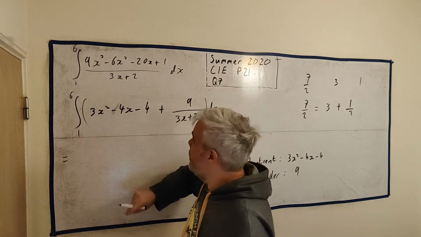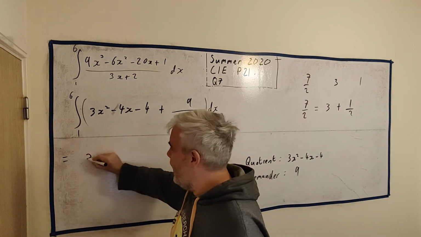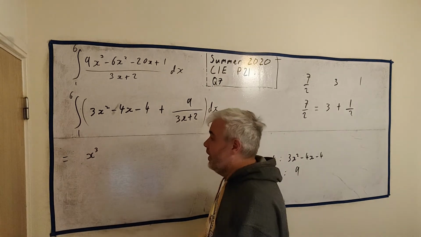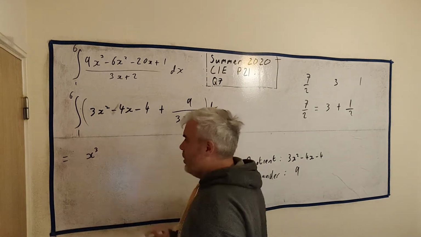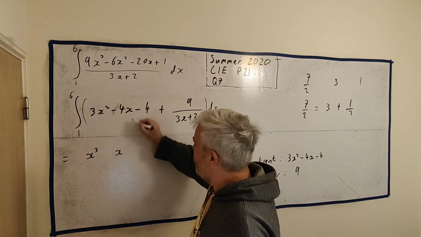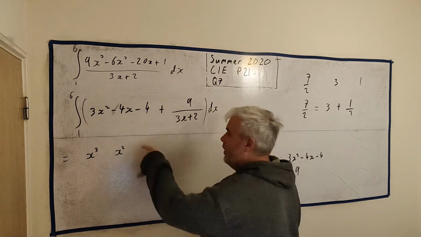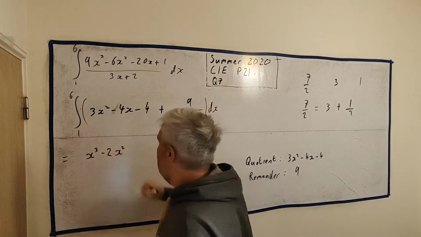3x squared, the integral of, I always start with x squared. X squared becomes x cubed. This number we divide by, so 3 divided by 3 becomes 1. Next one, we have x and it becomes x to the power of 2. So we get minus 4 divided by 2 is minus 2.